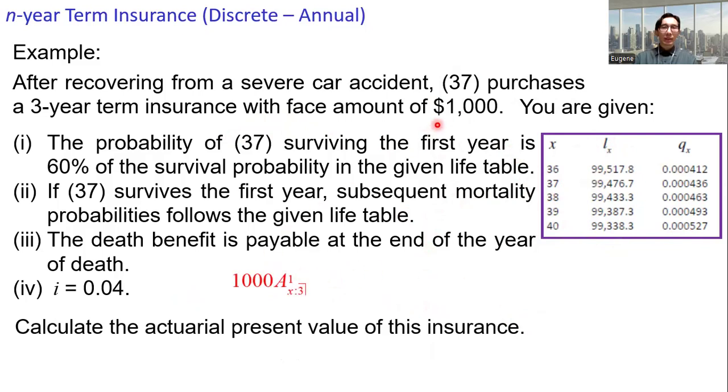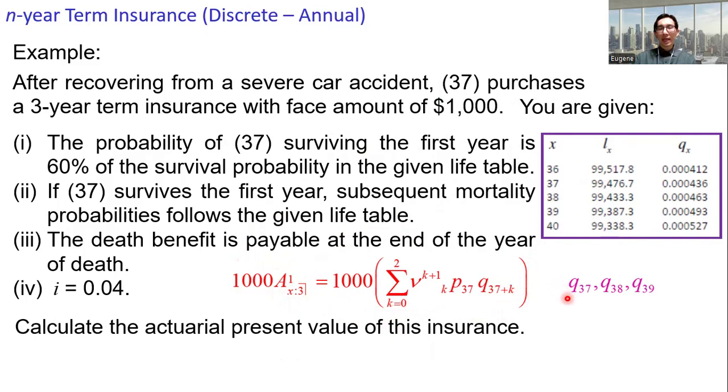All right, the death benefit is 1,000. The notation is A_{x:3} with a 1 above the x. By definition, we get this expression. And we need to get 3 quantities, q_37, q_38, and q_39.